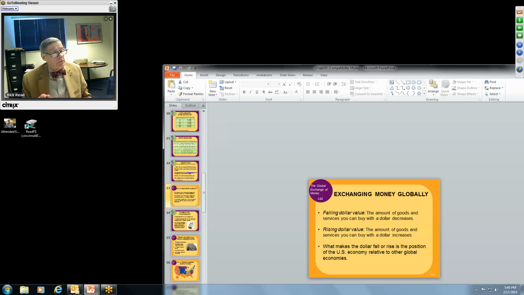Now, that mostly talks about goods coming into this country from foreign countries, Europe, etc. But if the dollar's value continues to fall, in other words, the dollar is not worth $1 any longer, it's worth 90 cents, then obviously we're going to be able to buy less. A rising dollar value is just the reverse, and we're kind of in that situation right now.